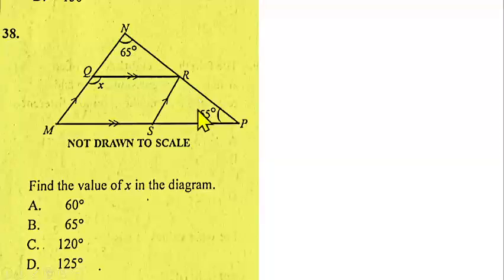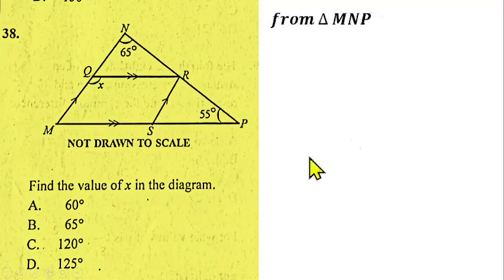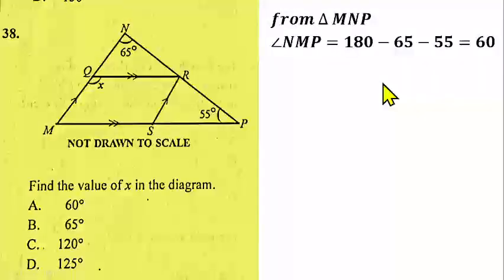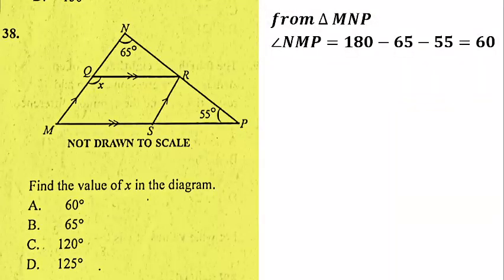So this 65 plus 55 plus this angle NMP will give us 180 degrees, the sum of angles in a triangle. So angle NMP is 180 minus 65 minus 55, which is 60 degrees.